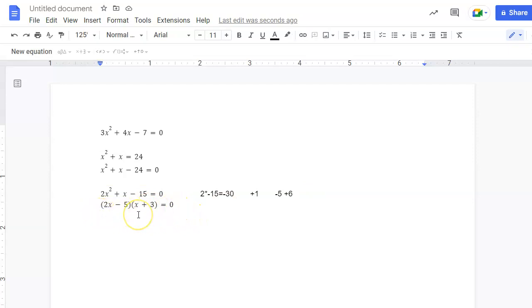And then I would set 2x minus 5 equal to 0. And I would set x plus 3 equal to 0.